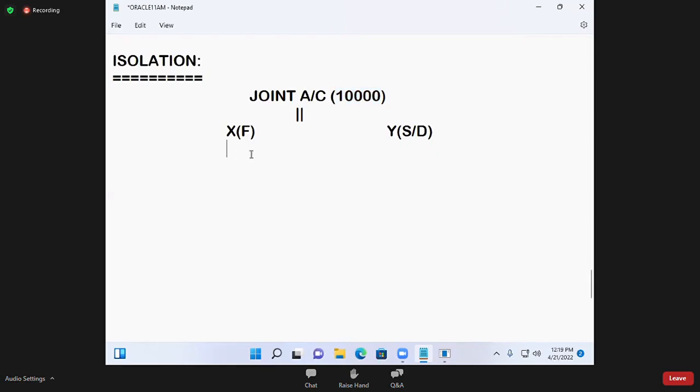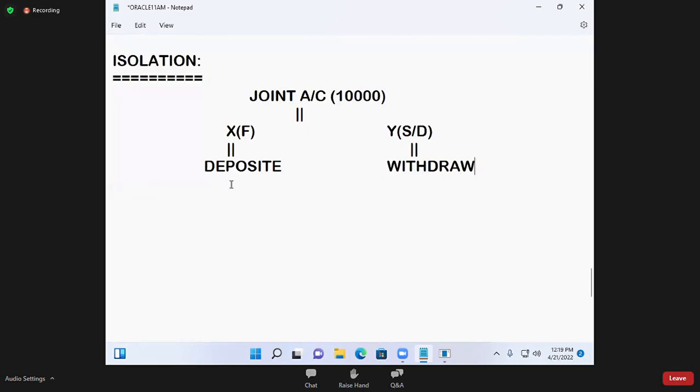Suppose your father is going to do a deposit transaction. On the same day, at the same time, the son or daughter is going to withdraw some amount.